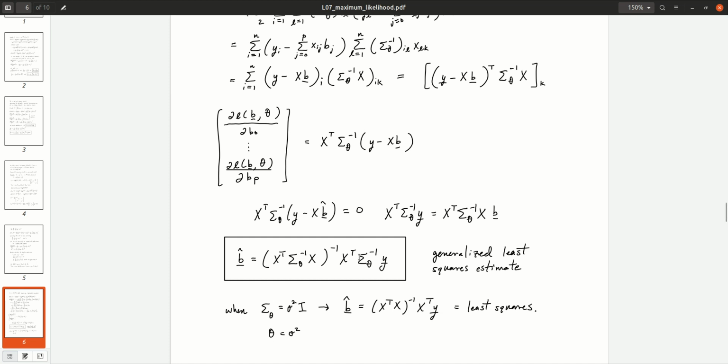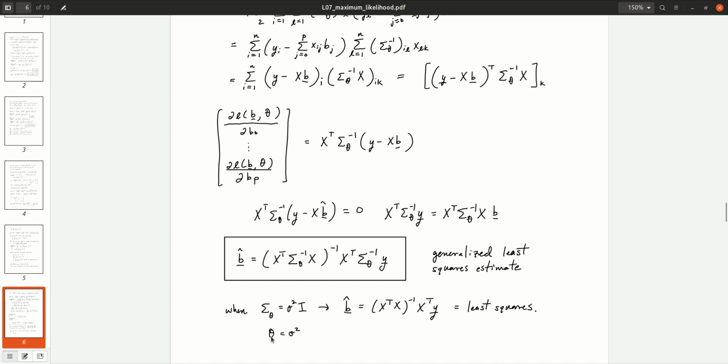And you'll get a 1 over sigma squared I here. So this is just going to be 1 over sigma squared x transpose y. That 1 over sigma squared is going to pop out as a sigma squared because we're taking the inverse of that. So the sigma squareds will cancel, and you get back to this familiar expression, which is just the solution to the normal equations that we're used to, x transpose x inverse x transpose y. So this is the least squares estimate. So the generalized least squares is truly a generalization, because when you plug in sigma squared I for sigma sub theta, you get back the expression that we're all used to.